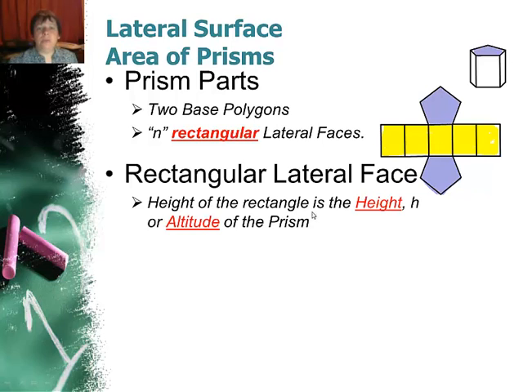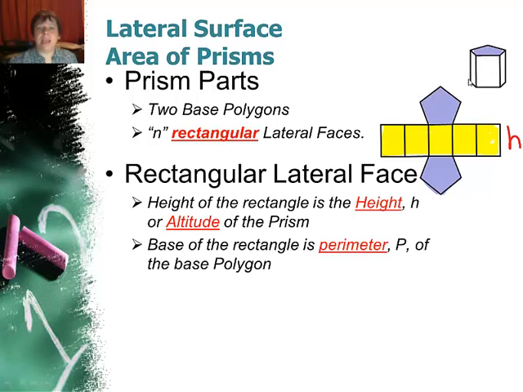One of the things we know is that the height of this rectangle is the same as the height of the prism. So this h is the same as the height of the prism. The base of the rectangle right here is the same as the perimeter, the distance around the pentagon in this case. So the lateral surface area, since that base is the perimeter, and it doesn't matter if it's a regular polygon or not, is going to be the perimeter around this base.